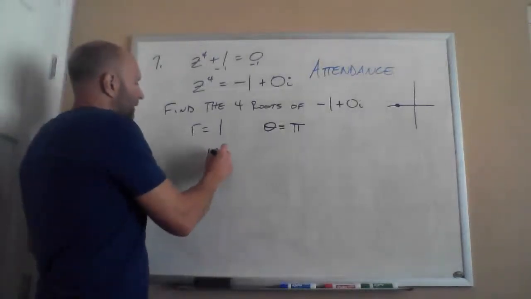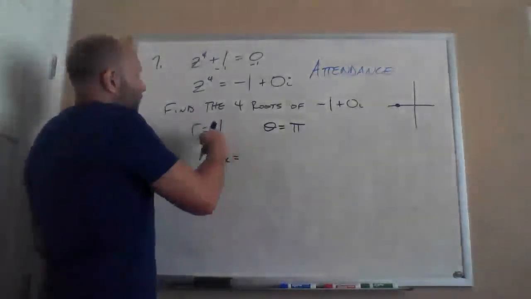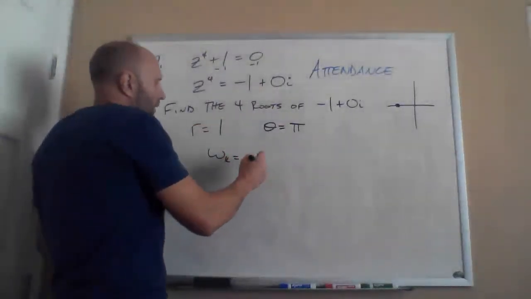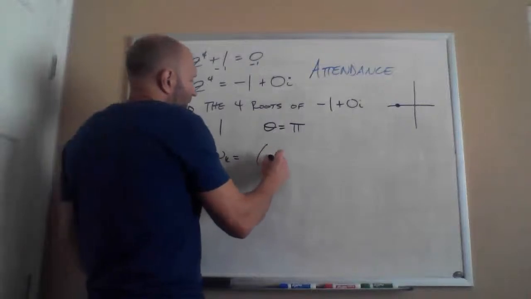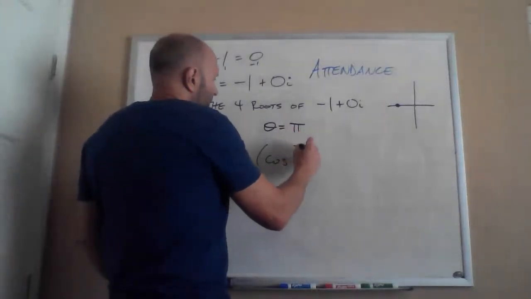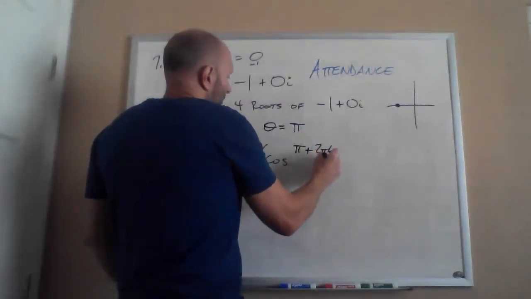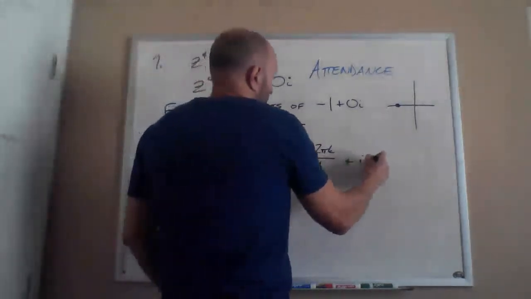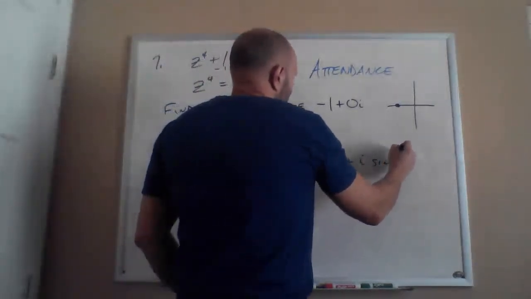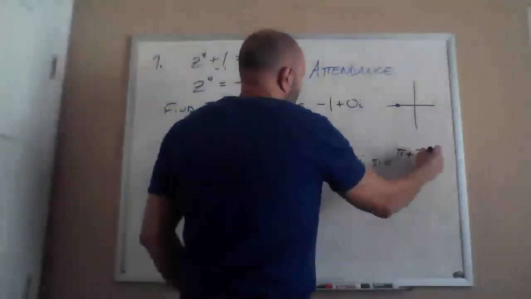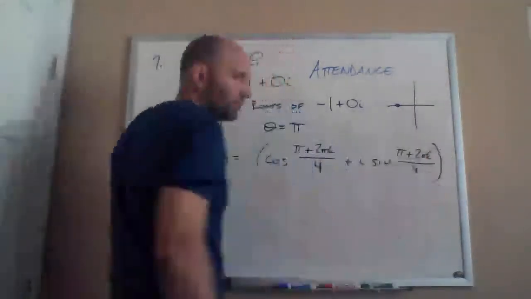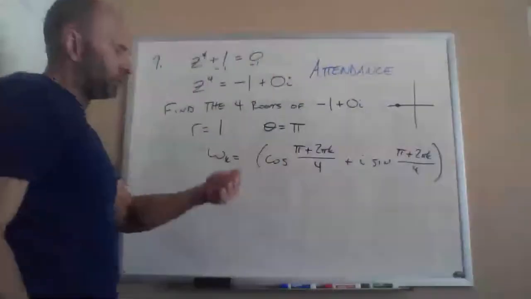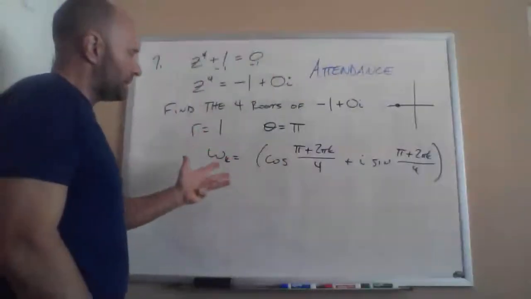All right, so our formula, omega k, is 1, the fourth root of 1. Any root of 1 is just 1. So really all we're dealing with is cosine of pi plus 2 pi k over how many roots? 4. And plus I sine of pi plus 2 pi k over 4. So now I have k equals 0, 1, 2, and 3.